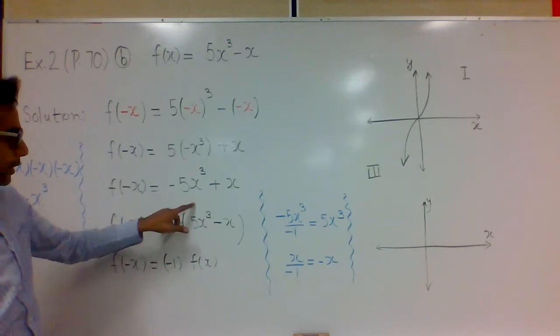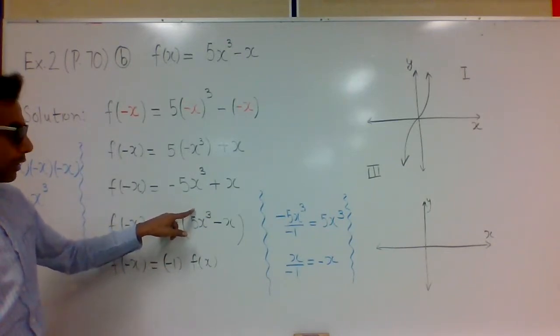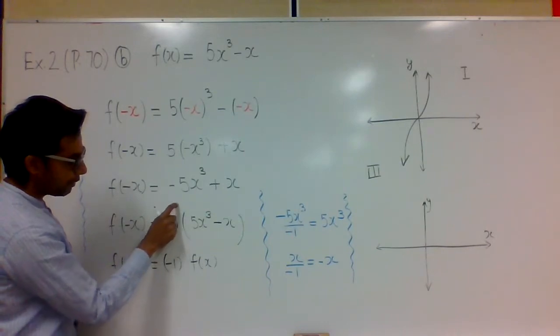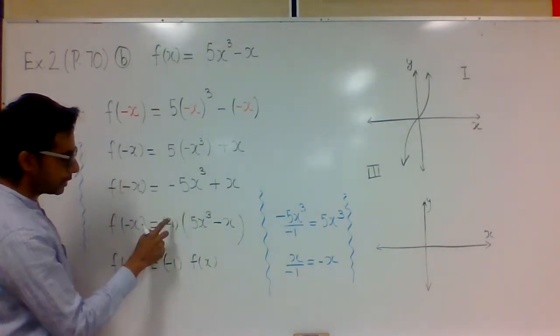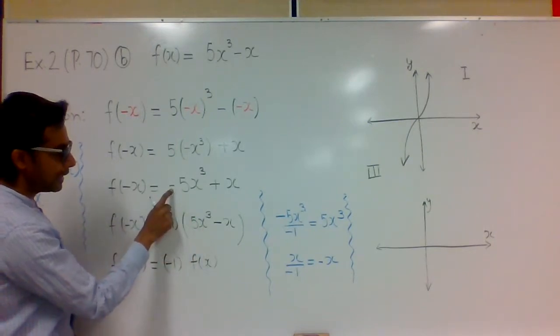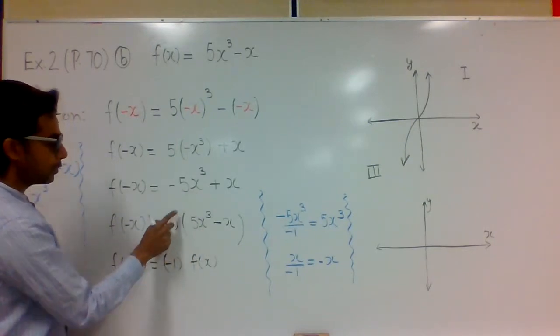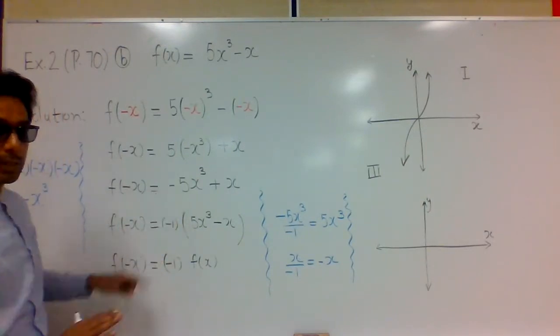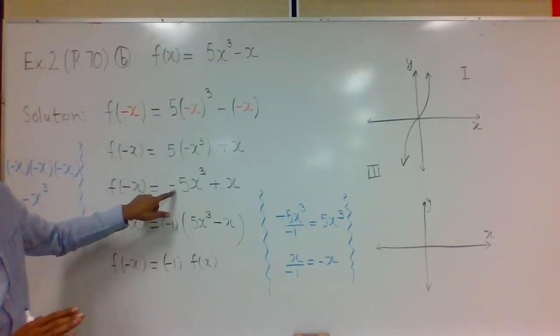Here is a way to check whether you did it right. Multiply negative 1 by 5x cubed, just in your head. Negative 1 multiplied by 5x cubed gives us negative 5x cubed. So we can go back to this step. If we can go back to that, it is right.